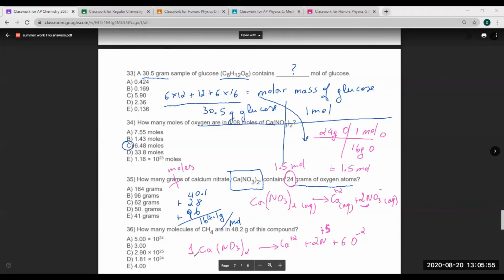Basically, for every 1 mole of calcium nitrate, we have 6 moles of oxygen.